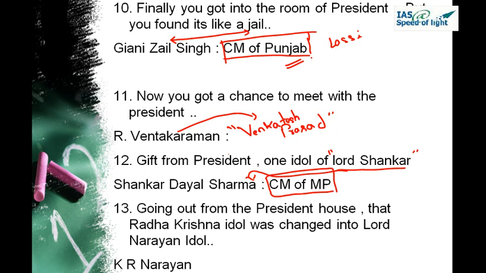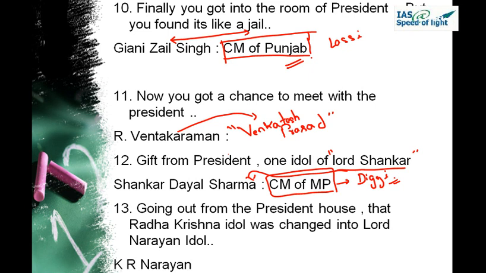For Madhya Pradesh, our picture is Diggi Babu, or Digvijay Singh, and here Digvijay Singh is meditating. Okay, he's doing tapasya to please Lord Shankar. So Shankar Dayal Sharma we are linking with the gift, and he was the CM of Madhya Pradesh, or Digvijay Singh we are linking with Shankar.